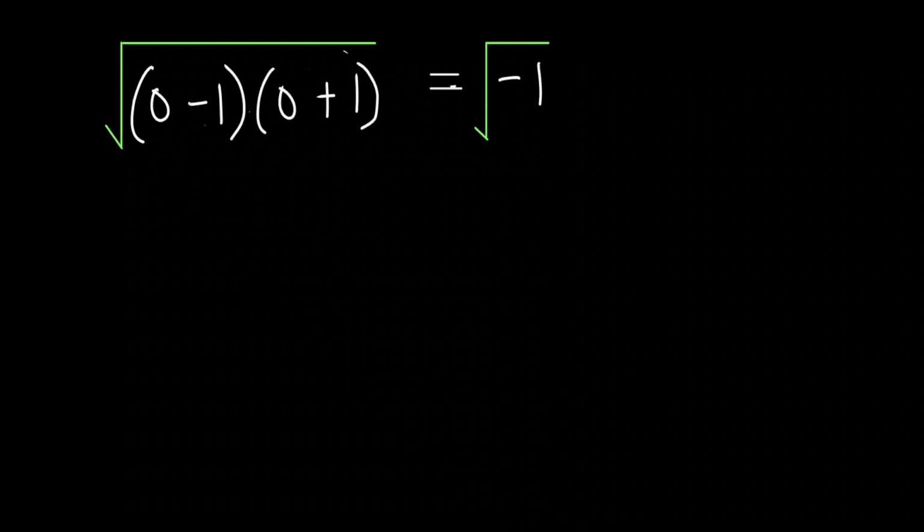That is highly invalid because the expression is not greater than or equal to 0. So at this point, this particular expression is invalid. We are not going to consider it. We are not going to go with it.